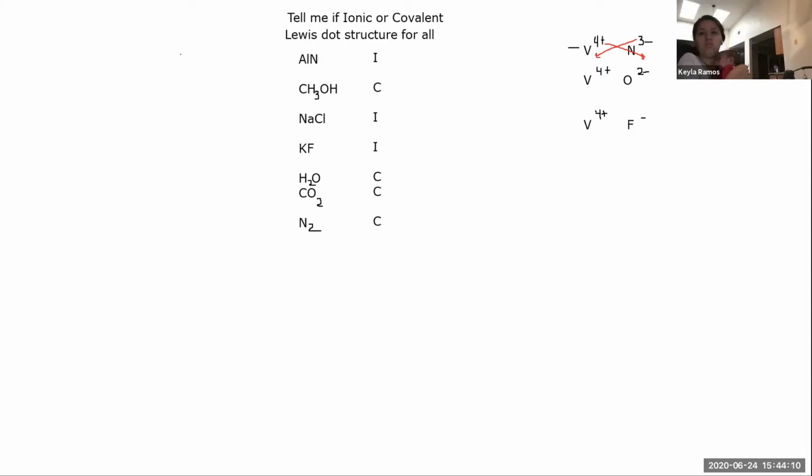So if you have a 3 after it, that means you have 3 of those ions. So 3 times positive 4 is what? That equals 12, right? So we have to have a negative 12 to balance it out. Do we have a negative 12 to balance it out? We have negative 3 times 4.